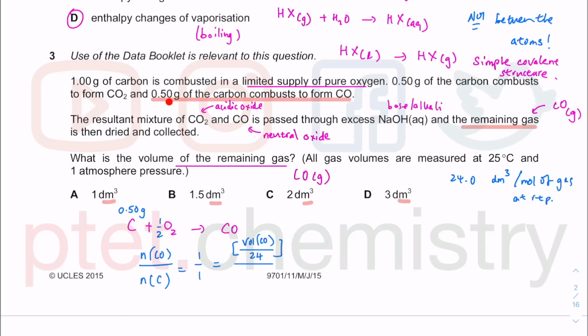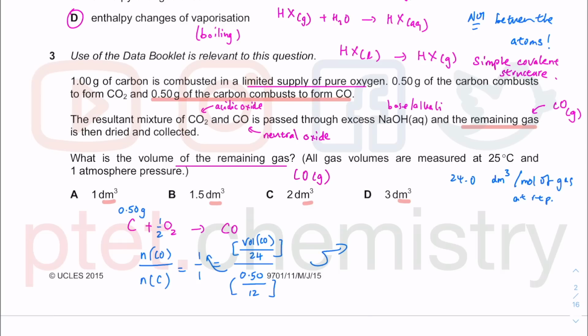Only 0.50 gram of the carbon forms the CO, so therefore 0.50 divided by 12, that is mass over Mr. This thing here is volume of gas divided by molar volume of gas. 1:1 on the other side is the mole ratio from the balanced equation.